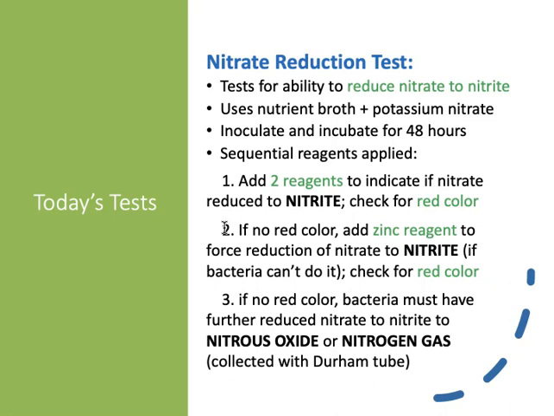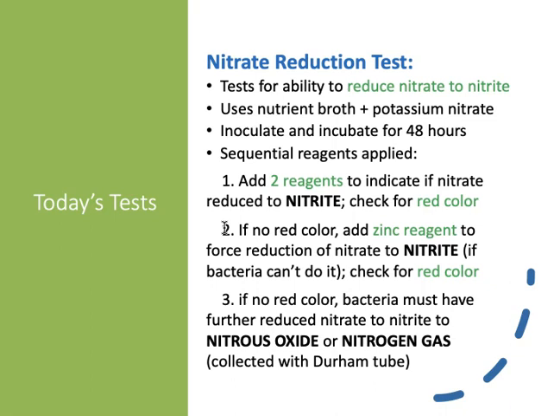It's actually zinc powder. And what that zinc reagent will do is force the reduction of any nitrate that's in the tube. The zinc powder will force nitrate to nitrite, and the tube will turn red.